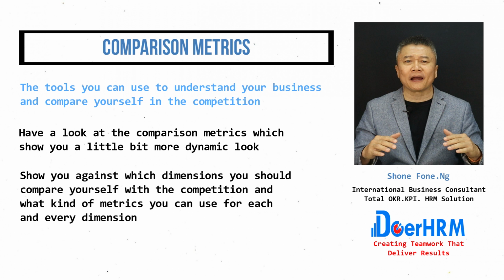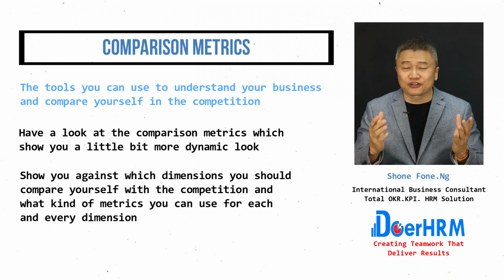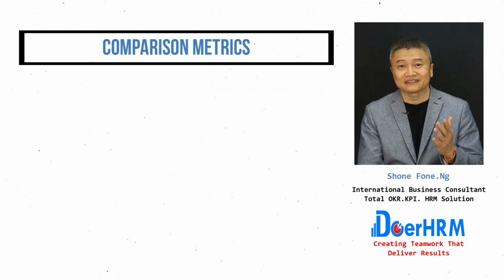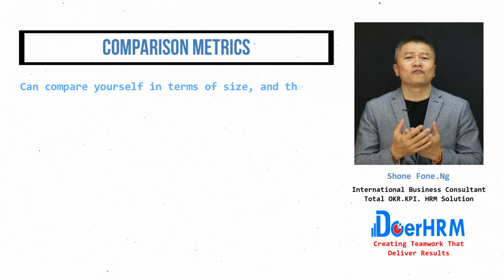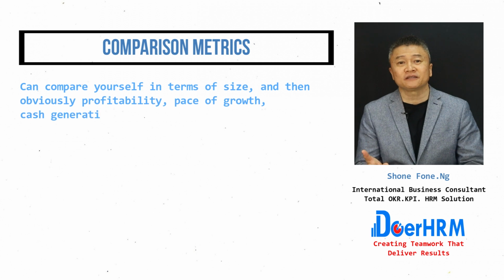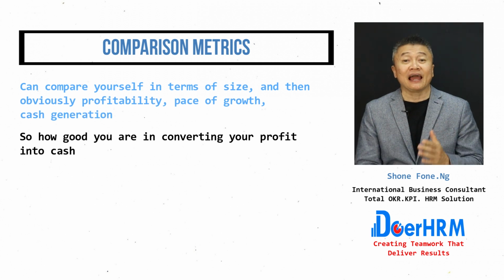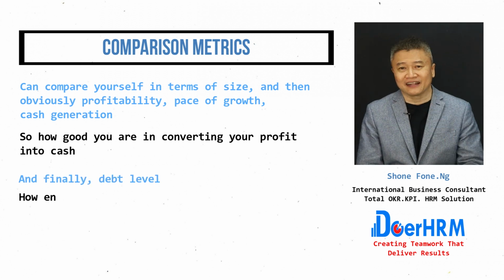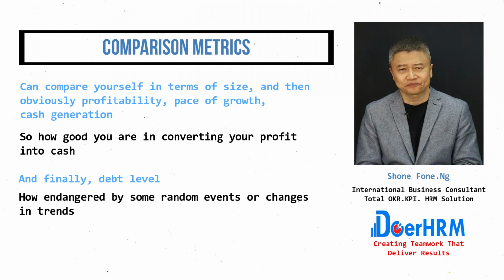In our coaching program, I will show you how to use it to make specific decisions and identify room for improvement. So first, you can compare yourself in terms of size, and then obviously profitability, pace of growth, cash generation, so how good you are at converting your profit into cash, and finally, debt level. Also, how endangered you are by some random event or changes in trends.